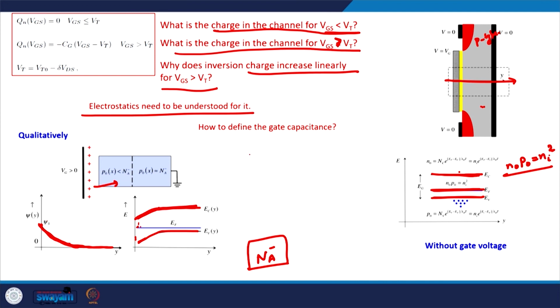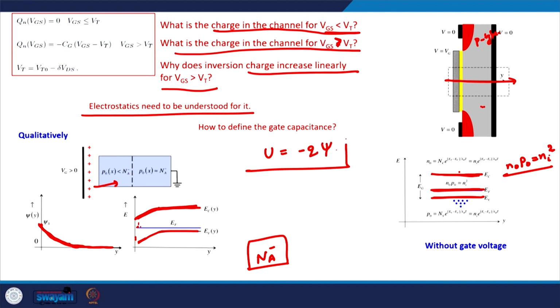because the relationship between the bands and the potential function is always inverse. As you might have seen, the band edges represent the potential energy, and the potential energy for electrons is minus q times the potential.